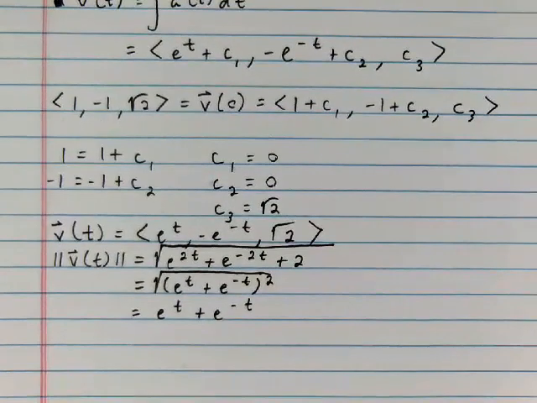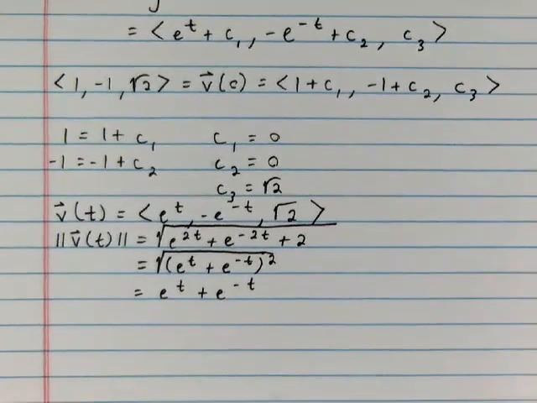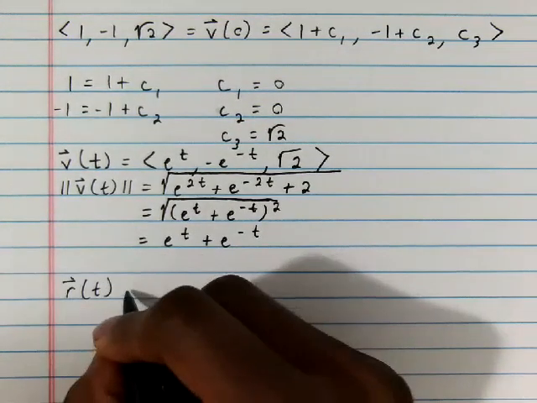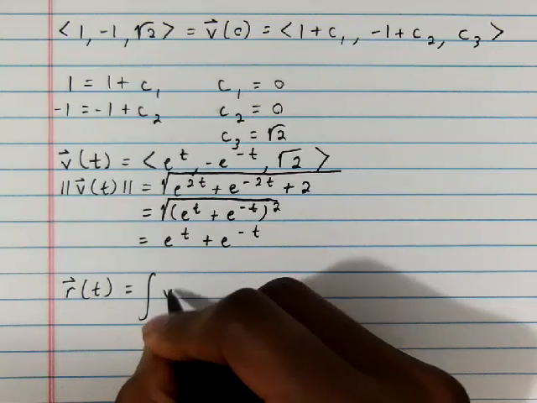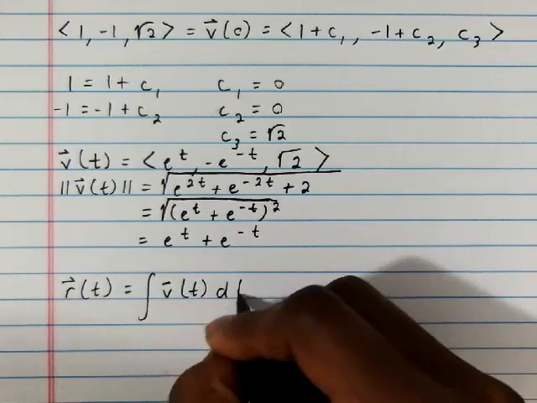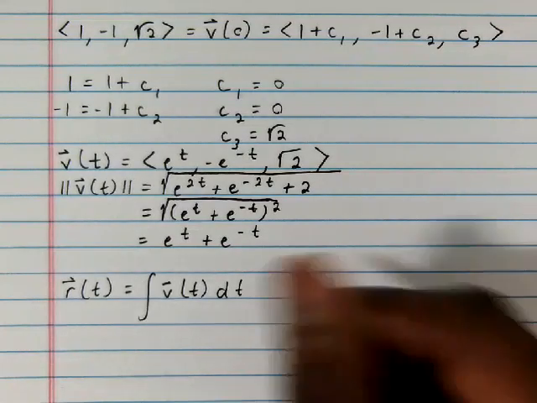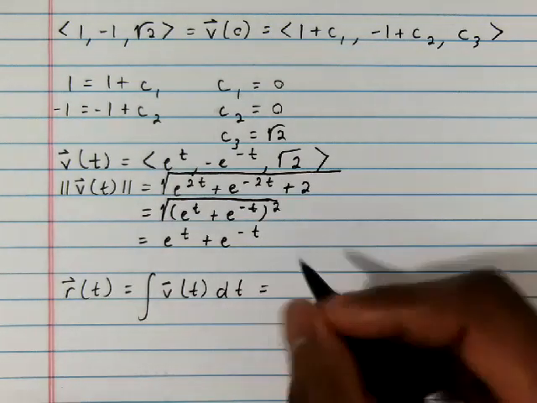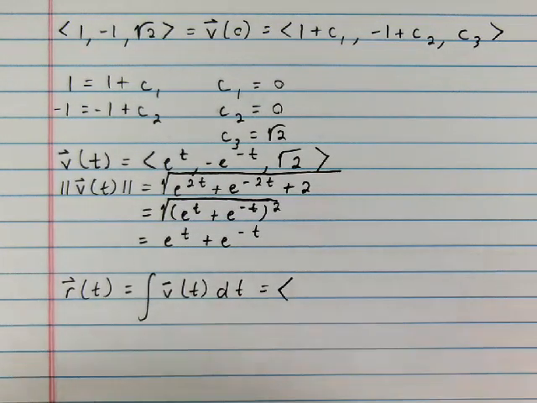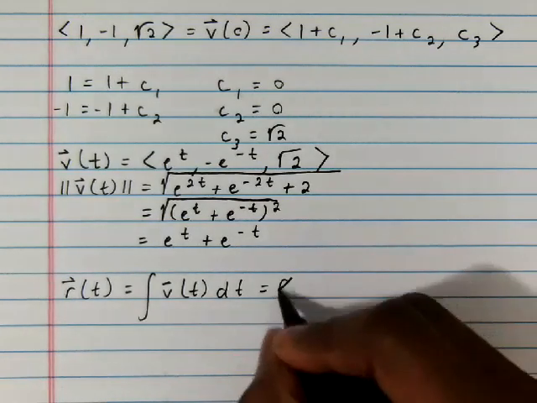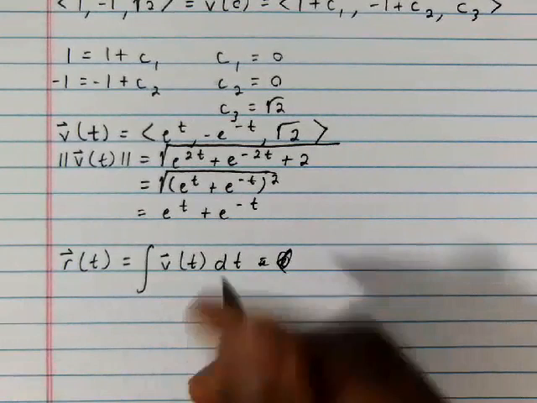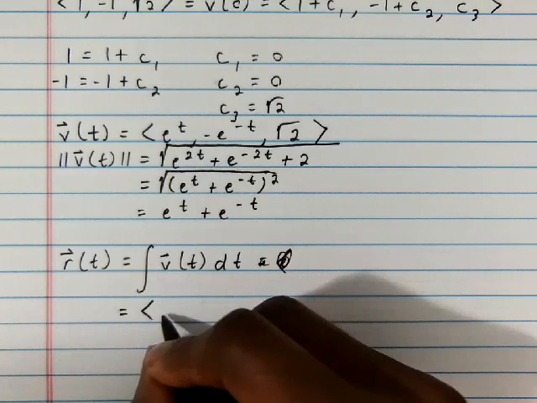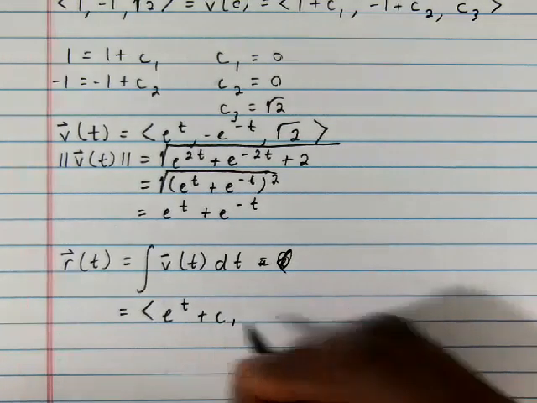And now, lastly, we are looking for our position. So r of t is equal to the integral of our velocity v of t that we found. So now we're going to integrate this vector right here. And I'm going to go to the next line so I have space for my constants of integration. So the integral of e to the t is e to the t plus some c1.